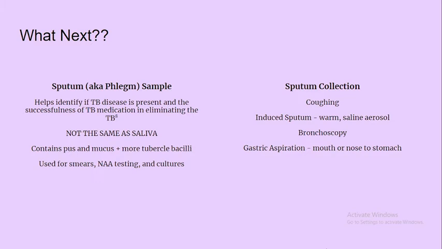And there's also gastric aspiration, which is usually used especially in children where not enough sputum is able to be produced. This goes into your mouth or your nose and into your stomach, where they collect sputum, which might have been coughed up in the throat and then swallowed.